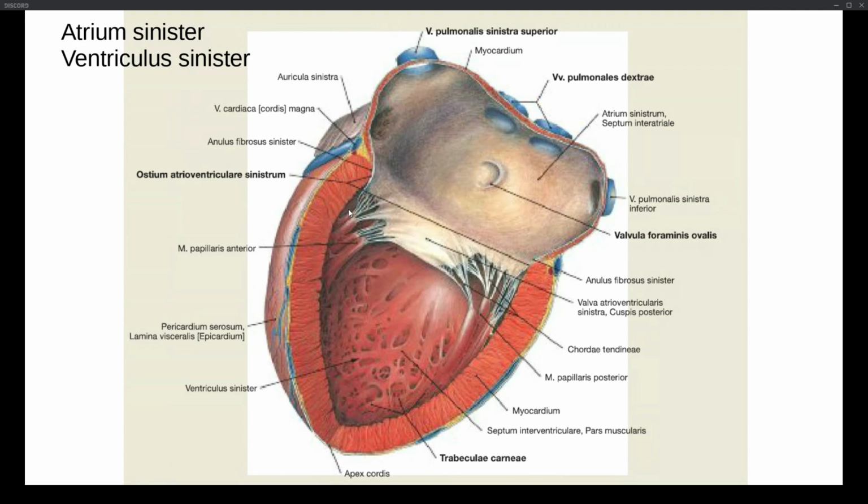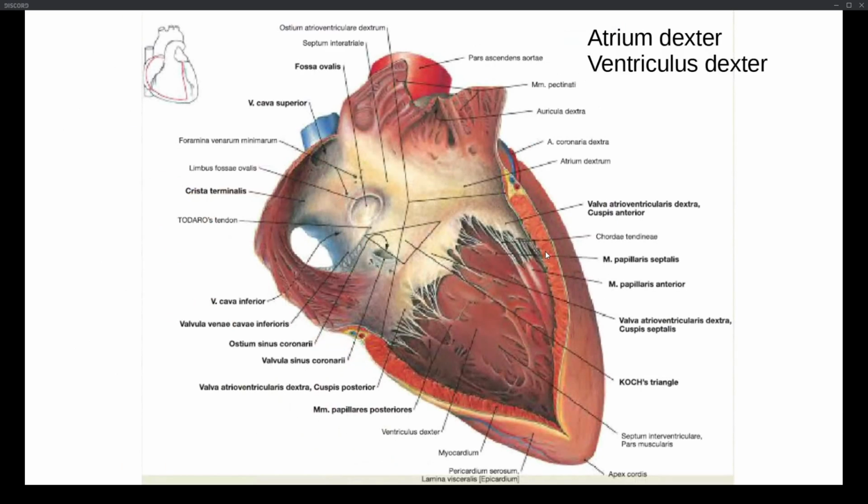What you can also see here, or maybe you have noticed, is that this wall of the ventricle is much thicker than the wall of the right ventricle. This is of course because you have a different amount of pressure in the body circuit and the circuit of the lung. The circuit of the lung, also called the small circuit, from the right ventricle into the lungs, only needs a pressure of 15 to 28 millimeters of mercury.